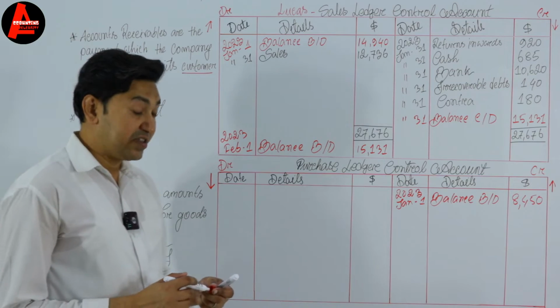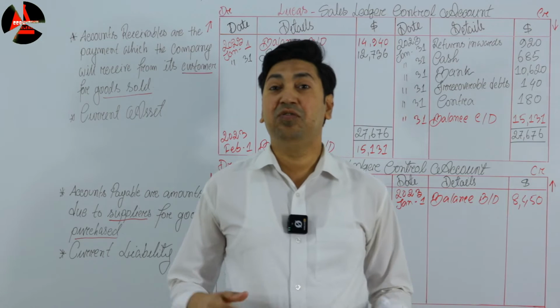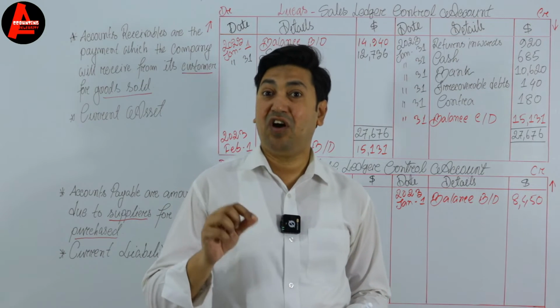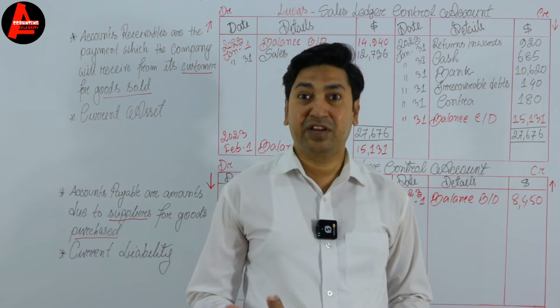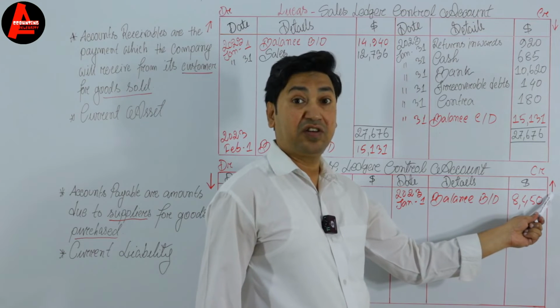So here purchase. When we purchase goods on credit, our liability will obviously increase, because we could not pay money. We purchased on credit, so liability increased. We know if liability increased, we will record on the credit side.